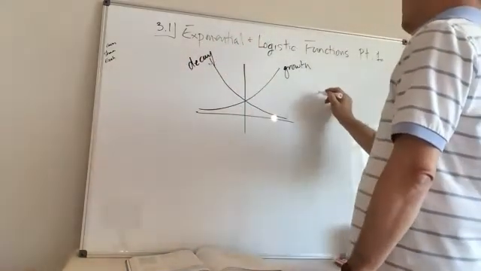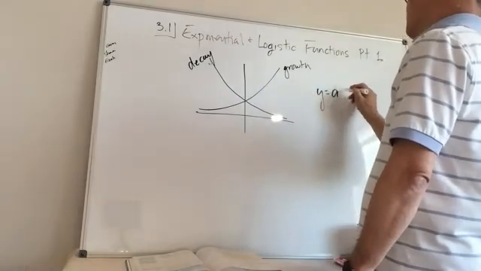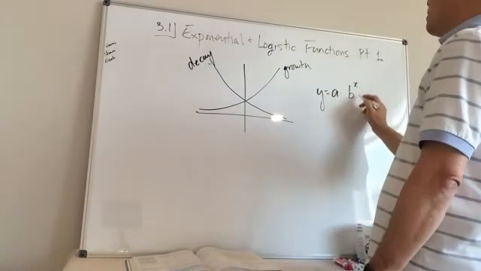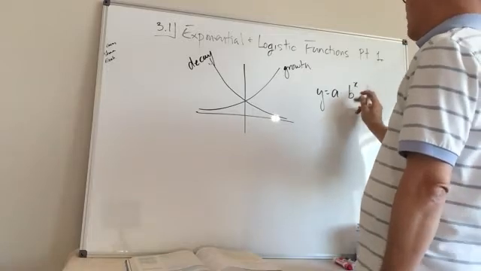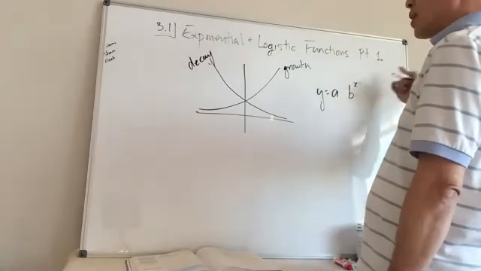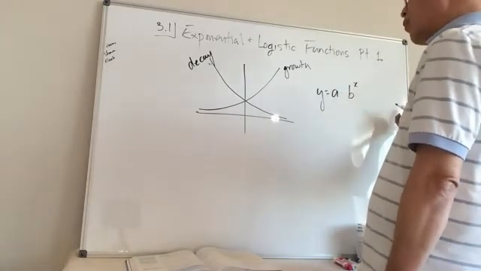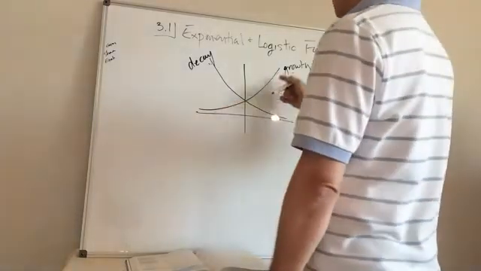Okay, so what determines whether it's growth or decay is the b value here, right? If the b here is greater than 1, as x goes up, you're going to multiply by something greater than 1, so it's going to be a growth.